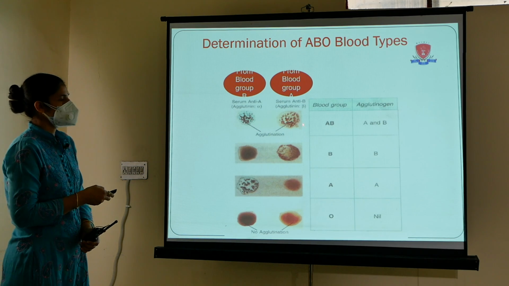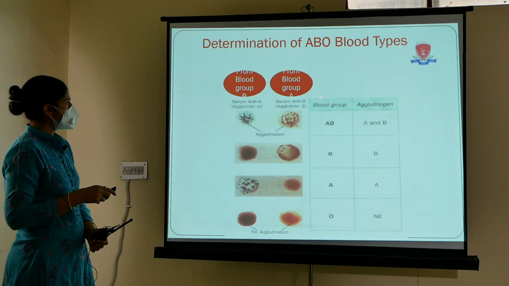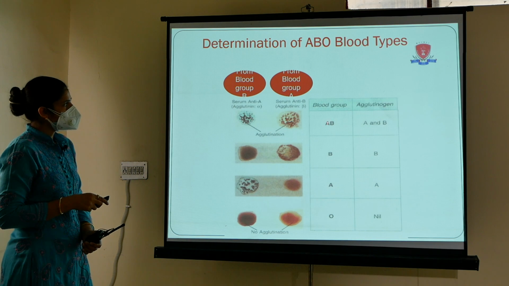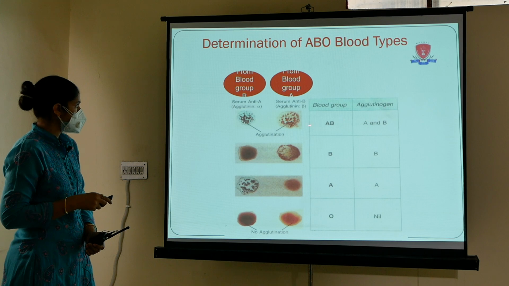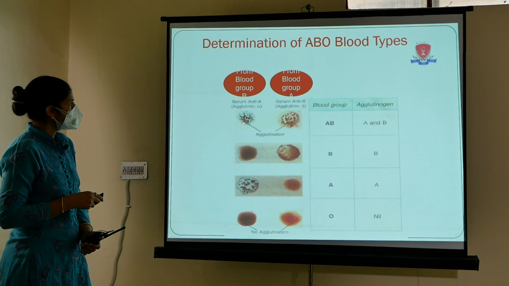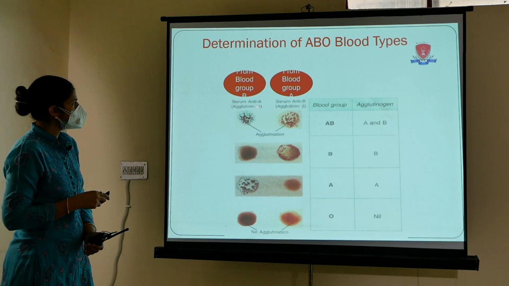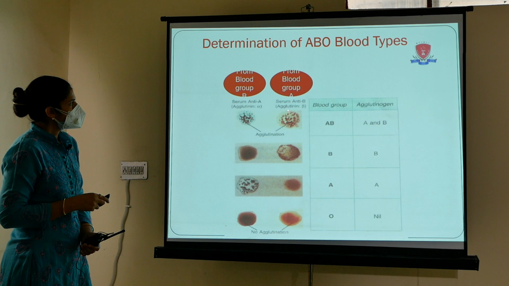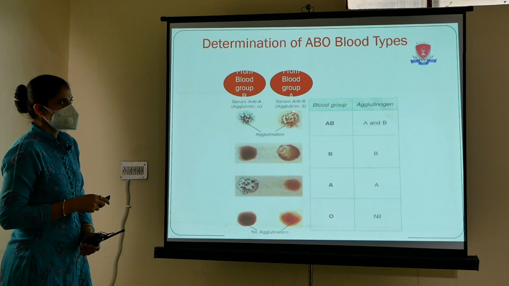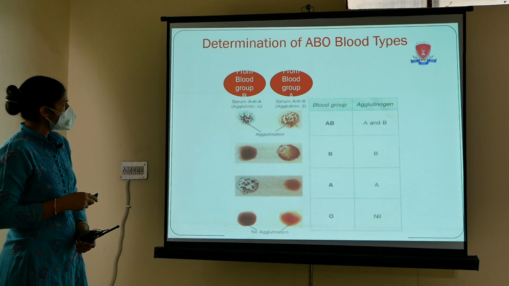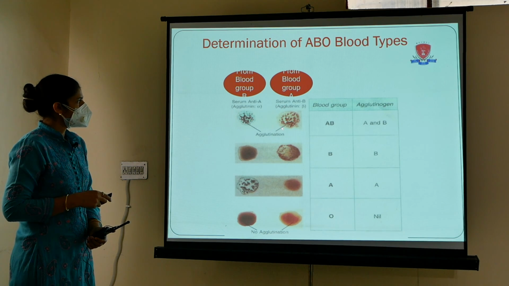So how will you determine the blood group in the lab? In this picture you can see blood group AB. Blood group AB consists of both antigen A and antigen B. The blood drop is mixed with serum anti-A, which contains synthetic antibody alpha, and serum anti-B, which contains synthetic agglutinin beta. When the blood drops are mixed with anti-A and anti-B, agglutination is shown.